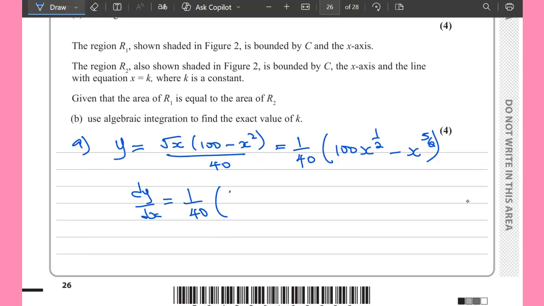We start with a half multiplied by 100, power half minus 1, which is negative a half, then minus 5 over 2 x power 3 over 2, close the bracket.